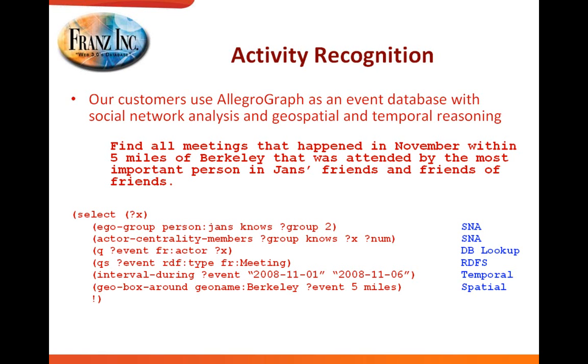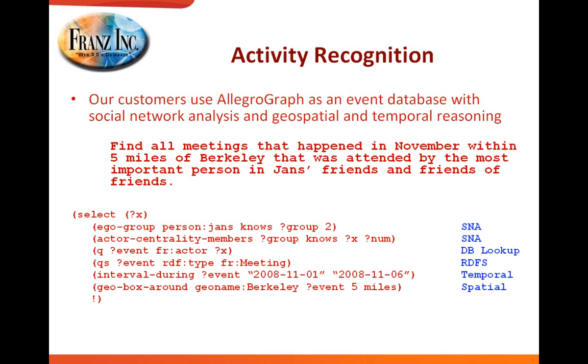So with that database, you can do queries like find all the meetings that happened in November within 5 miles of Berkeley that was attended by the most important person in Janssens' friends and friends of friends. And below that, you see the query in our query language. So currently, this is Prolog. It won't take long, and then we'll also be able to provide the same query in SPARQL.